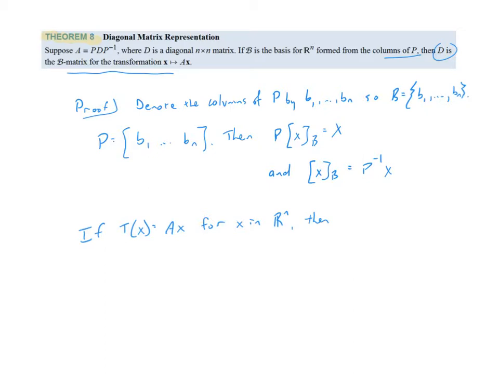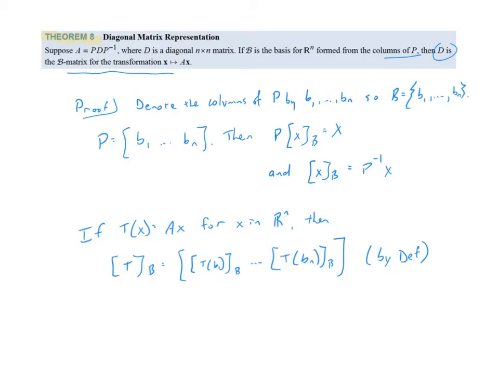Okay, then the T matrix relative to B is equal to, ready, here's some ugly notation for a minute, T of b1 relative to B, etc., through T of bn relative to B. Boom. So those are the entries of that matrix, and that is just by definition. That's what it looks like. That's how you make it.